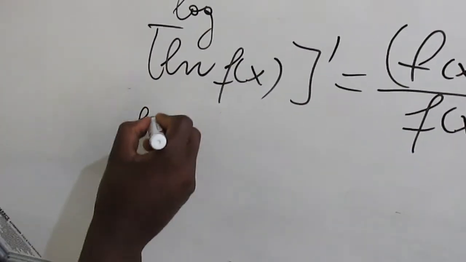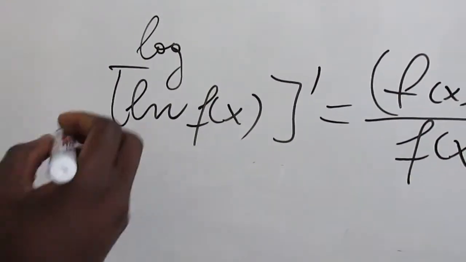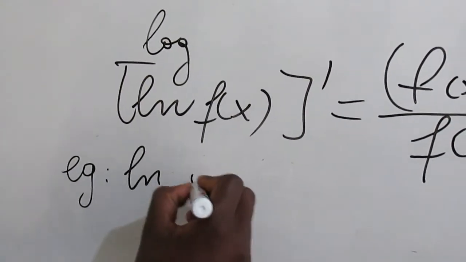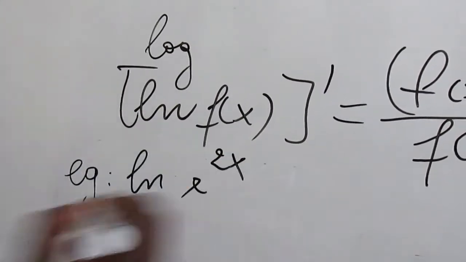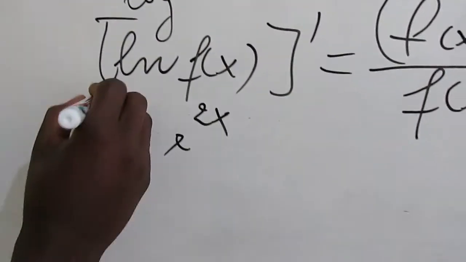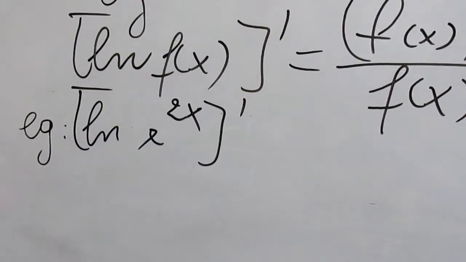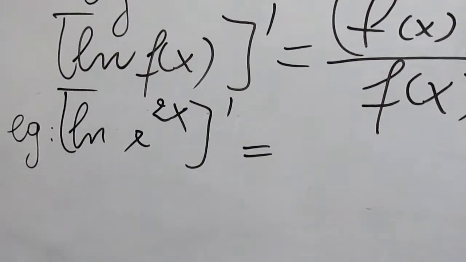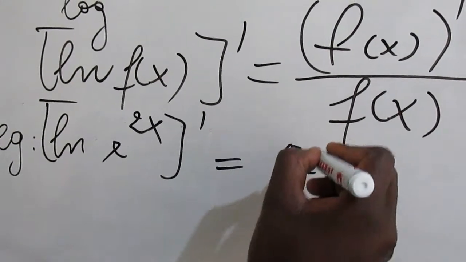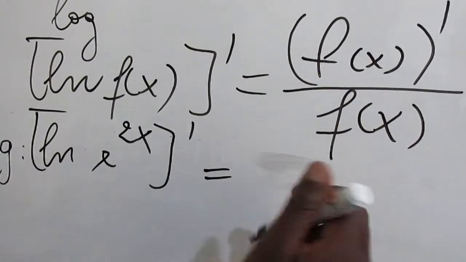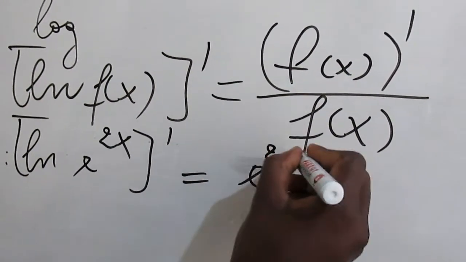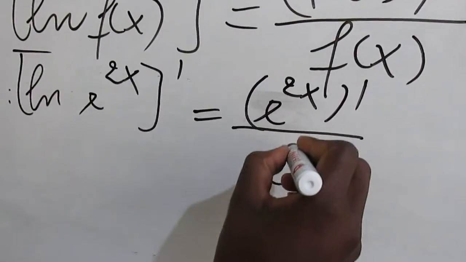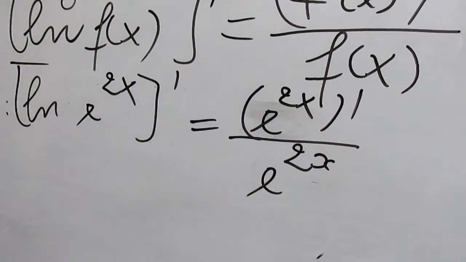If you want to illustrate by an example, okay guys, let's say you are given ln of e to the power 2x. They ask you to find dy over dx. So it's going to give you e to the power 2x, you derive this, over e to the power 2x again.